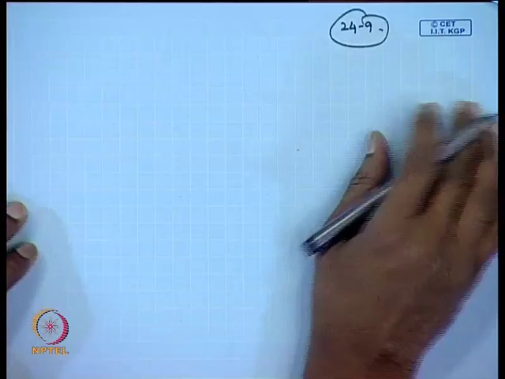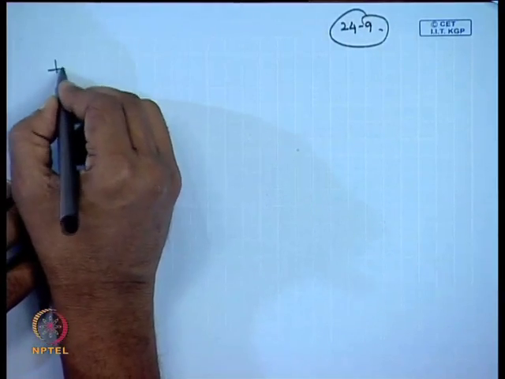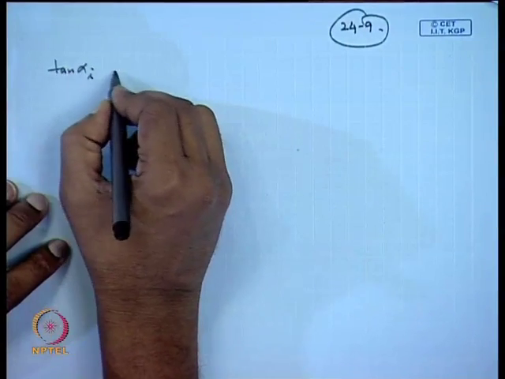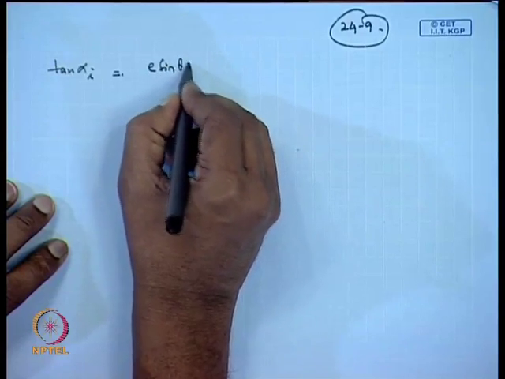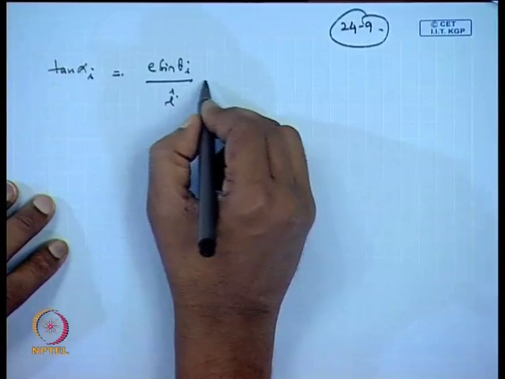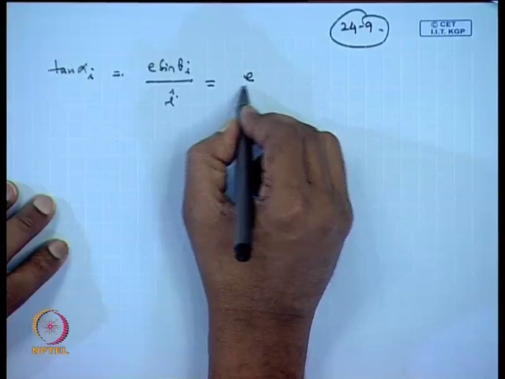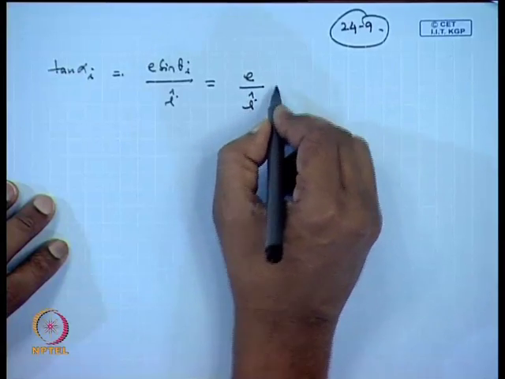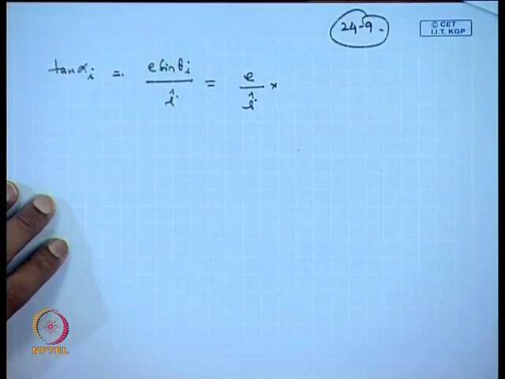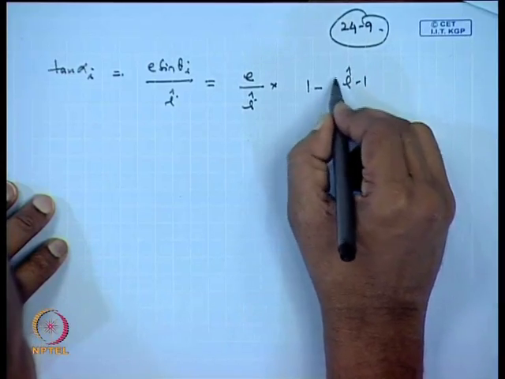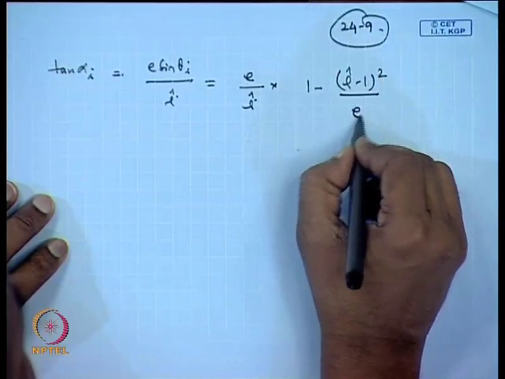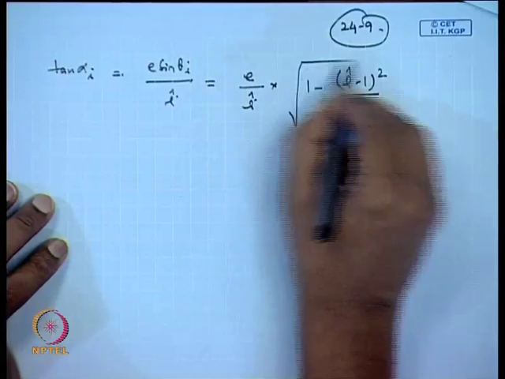Okay, once we have got this, now we can write tan alpha I equal to E sin theta I by L cap. So, this will be E by L cap, and sin theta I is our 1 minus L cap minus 1 whole square divided by E square under root.